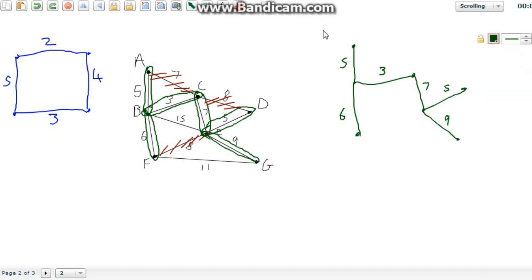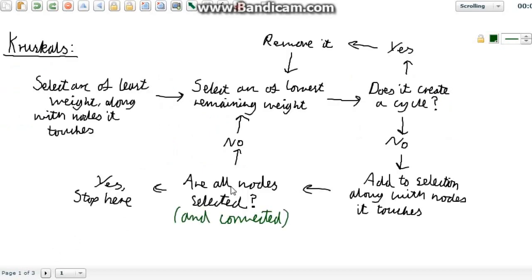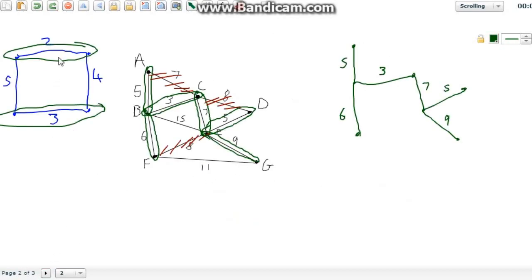Well, the first one you would pick would be 2, you'd select this. The second one would be 3, you would select this. Now all the nodes are in a selection. The problem is the two selections aren't connected. So in that case, they are selected, but they're not connected. So you'd still go back and pick the next one that doesn't make a cycle to connect them all up.